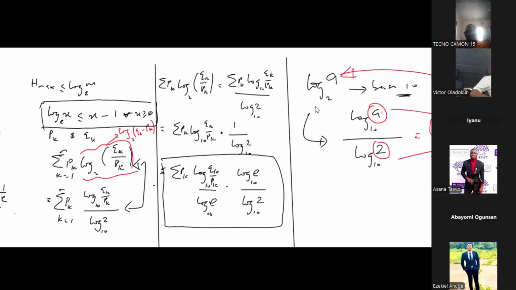So if we compare that, what will this reduce to? This is going to reduce to log Q sub K over P sub K base E, and this is going to reduce to log E base 2. Does that make sense in terms of base conversion? Yes, sir. That's clear, right? If it's clear, we can move on.